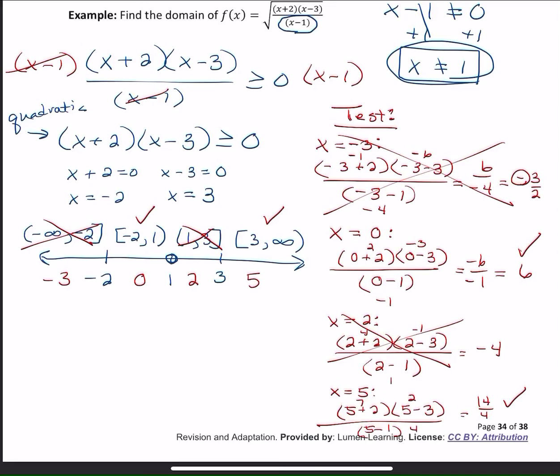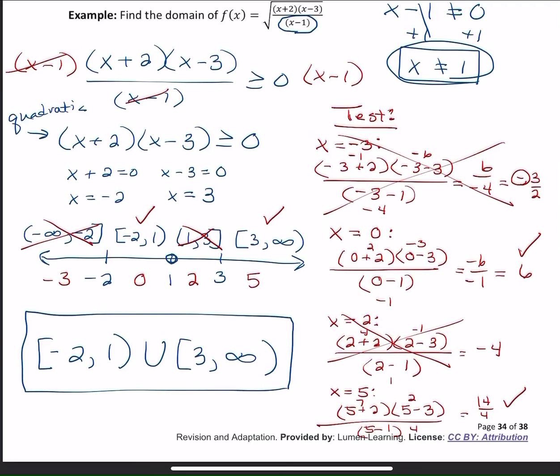So my domain for this function is going to be -2 to 1, but not including 1, unioned with 3 to infinity. So that's the best way to check for your domain when you have a quadratic or higher.